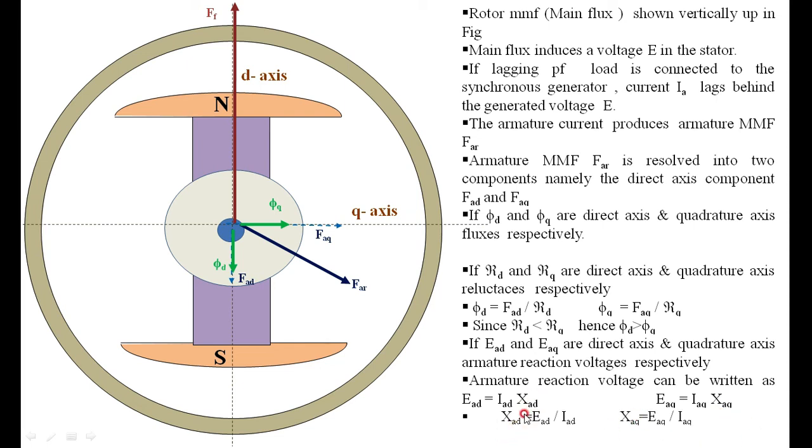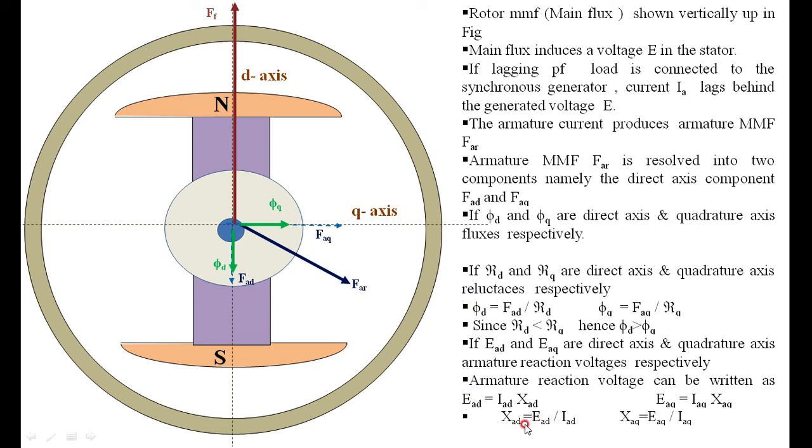Therefore, how are we getting XAD? XAD is EAD divided by IAD. XAQ is equal to EAQ divided by IAQ. We know that phi d is more, therefore EAD is more, therefore XAD is more. Just you have to look into that. EAD is because of phi d. Phi d is greater than phi q, therefore EAD is greater.